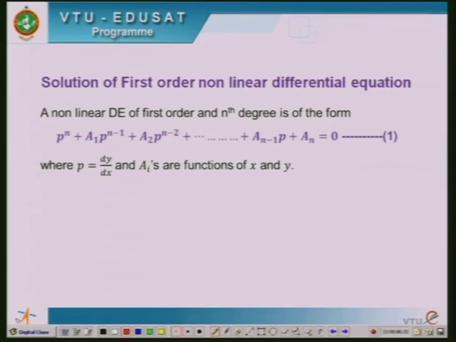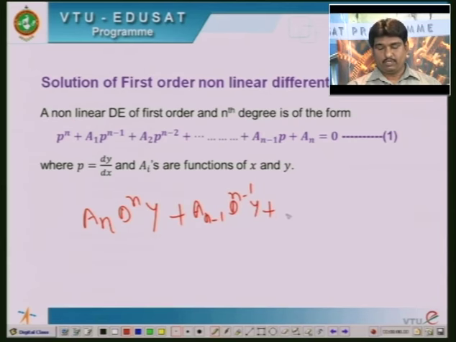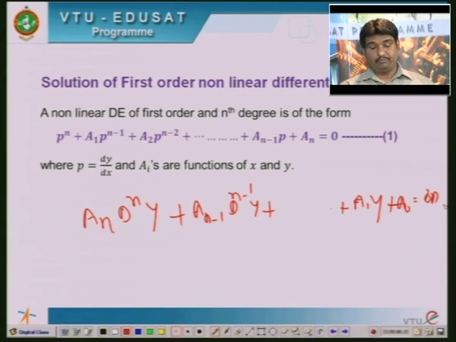You know that a differential equation with constant coefficients of this form, some an into nth derivative plus an minus 1 into n minus 1th derivative plus dot dot plus some a1 into y plus a naught equals phi of x, whatever it may be. You can take a naught to the RHS so that the LHS contains terms of the dependent variable as well as derivatives with respect to the dependent variable only.